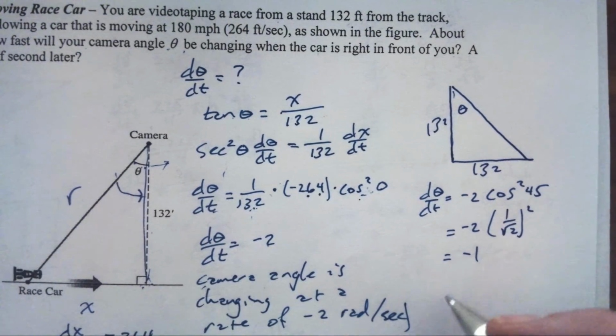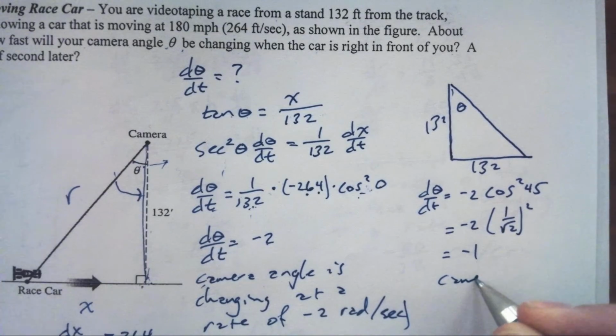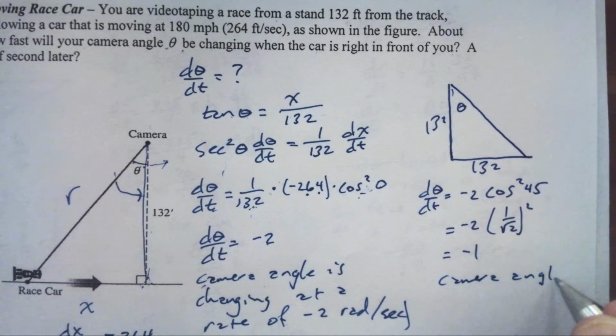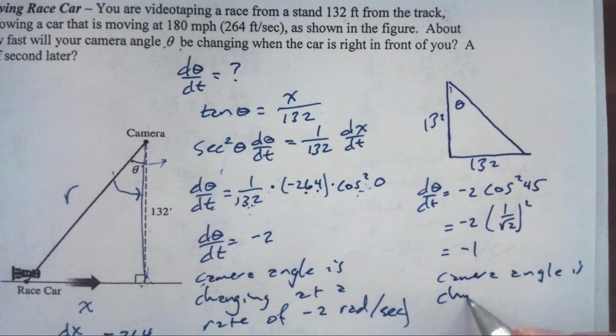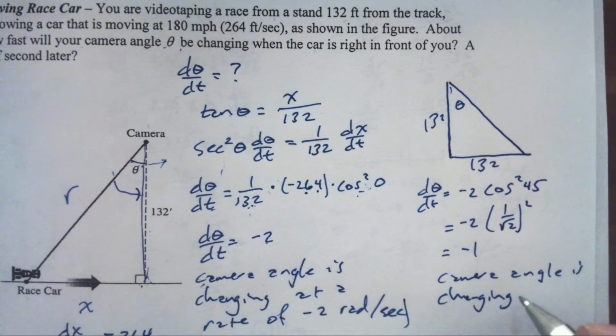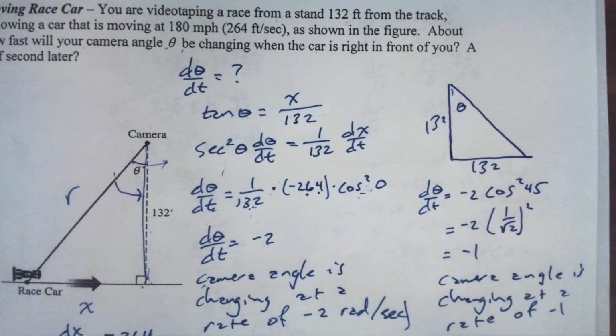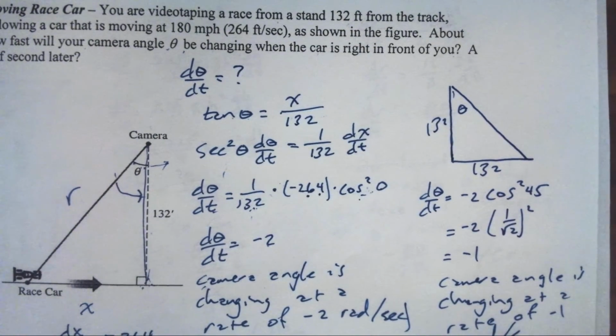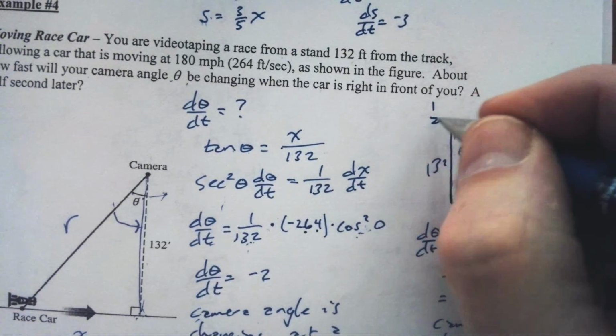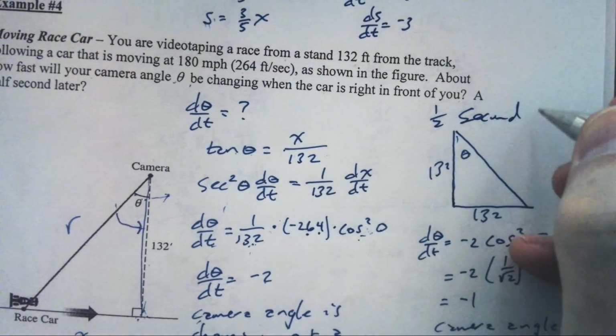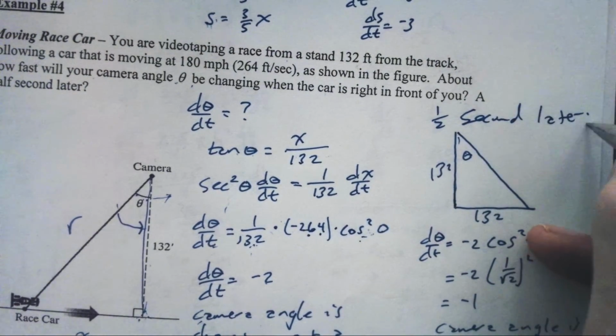So we're going to say the camera angle is changing at a rate of negative 1 radians per second. I'm just going to put up here half a second later.